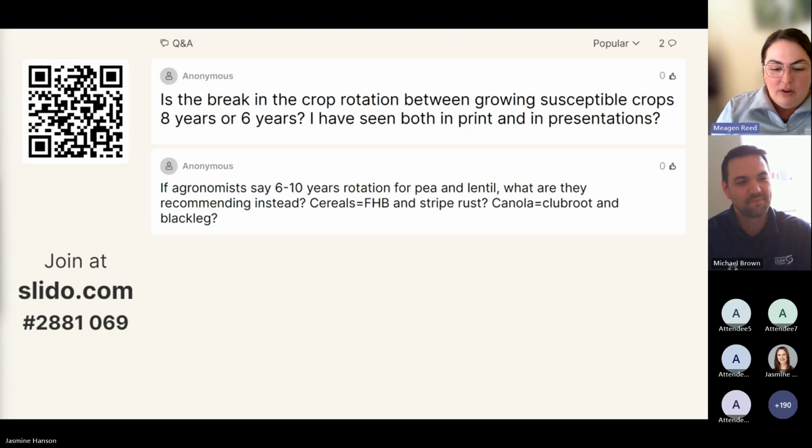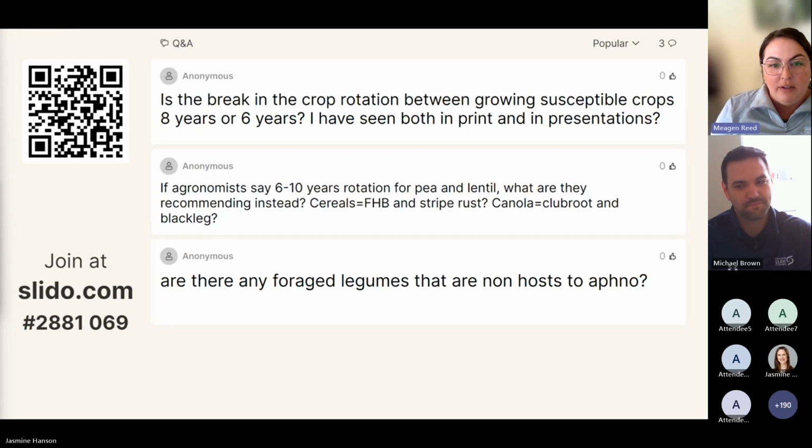It's very dependent on your growing area, your soil quality, your texture, your compaction, the amount of moisture you have, the frequency of previous pulse crops in that rotation, and how severe the root rot infection was the last time you grew a pulse crop on that field. So there's a number of different contributing factors that can compound together, resulting in needing to lengthen the time between your lentil or pea crops from 6 years being okay to having to go to 10 years.